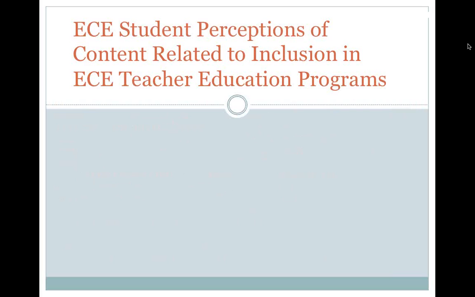So let's look first at student perceptions of content related to inclusion. This is going to come up in the Introduction to Early Childhood Education course. The issue is just what is the charge, what is the scope, what is the purview of early childhood education? Who are the children that these teachers can expect to encounter and can expect to be in their classrooms?